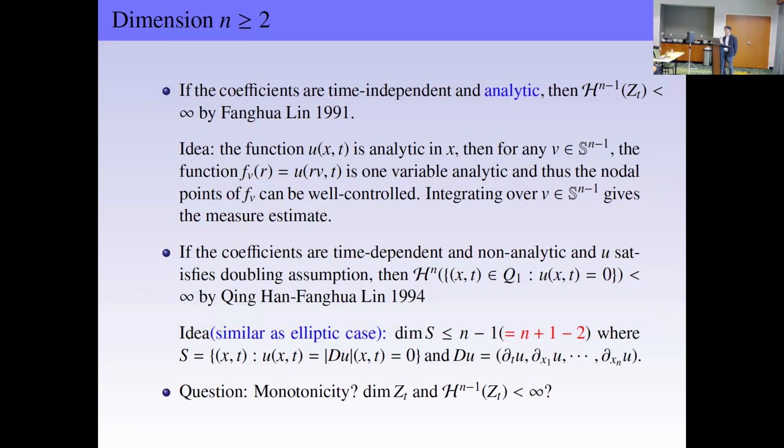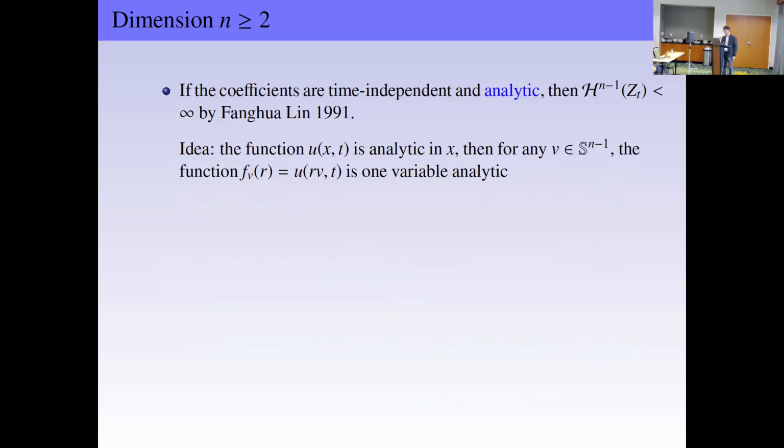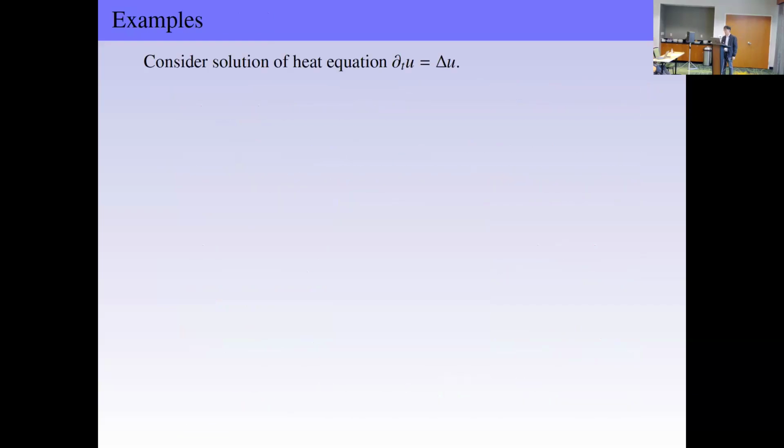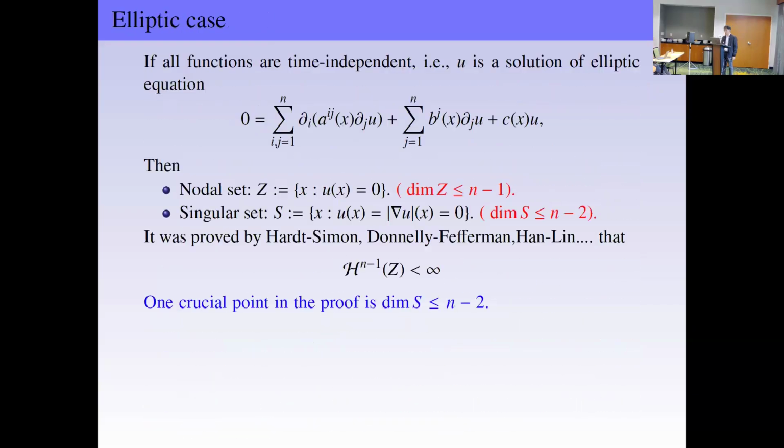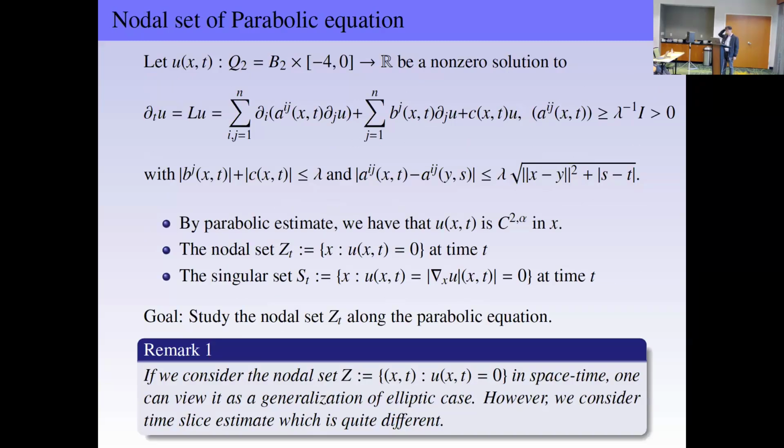Actually, if we check our proof, since Han and Lin proved that the singular set is codimension 2 in space-time, we can show that the (n minus 2)-dimensional measure is also finite, but this is still a space-time measure estimate, not a time-slice one. If we consider a time slice, the singular set is just a subset of the nodal set.